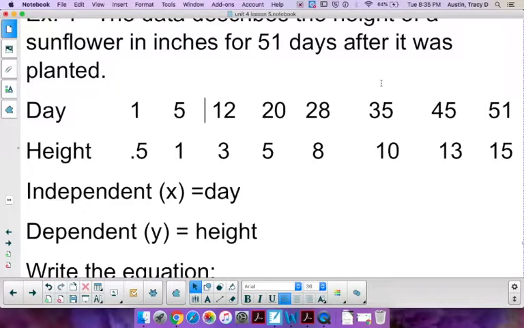Okay, so if you have to, go back and rewind and do the video again. It's fine, but go back to the instructions again. You're going to need to go to Stat, right arrow over to Calc, go down to number 4, and then hit Enter, and then tell the calculator where your data is. So Stat, right arrow to Calc, down to number 4, hit Enter.